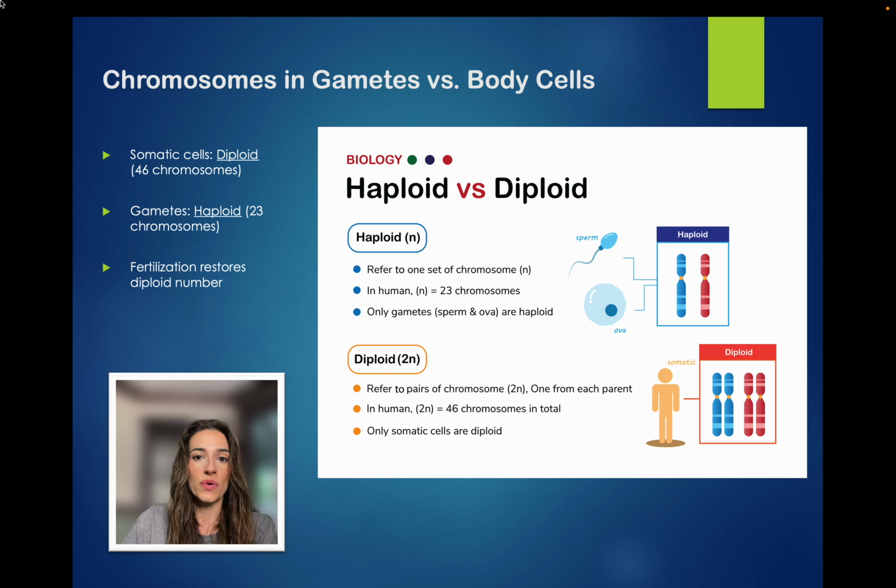That way, when they join during fertilization, the total adds up to the correct number of 46 chromosomes. This happens thanks to a special kind of cell division called meiosis, which cuts the chromosome number in half before reproduction. So for example, if a sperm carries 23 chromosomes, including a Y, and an egg carries 23 chromosomes, including an X, their union will result in a zygote with 46 chromosomes, including an XY pair. That combination leads to a genetic male.